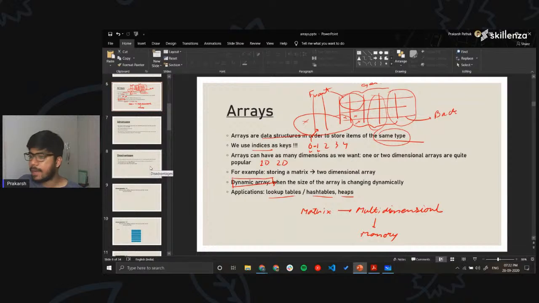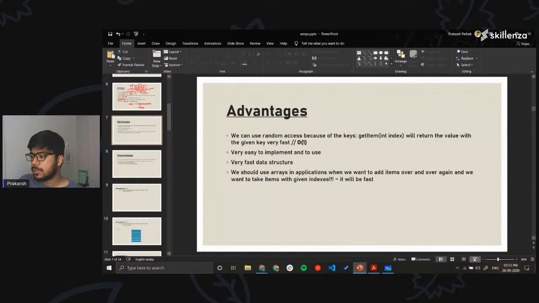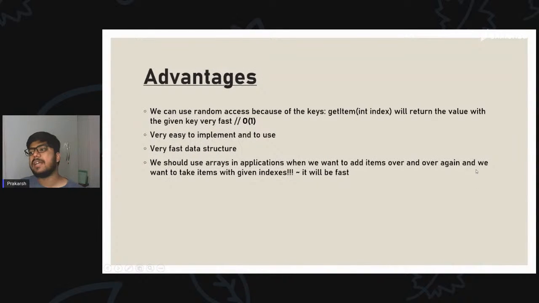And as I have explained arrays to you, let me explain the advantages and disadvantages, and then we'll move on to the specifics. Okay, so we can use random access because of the keys.